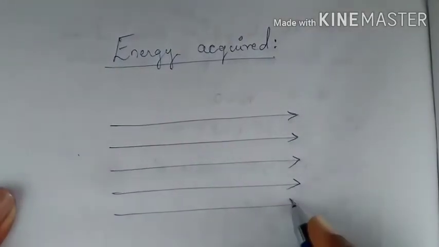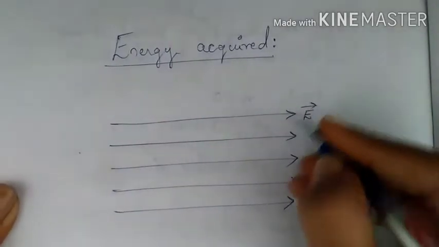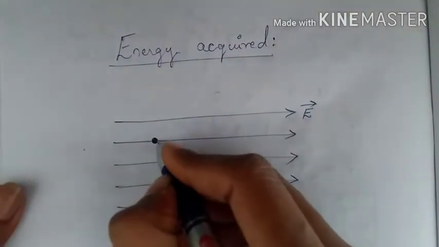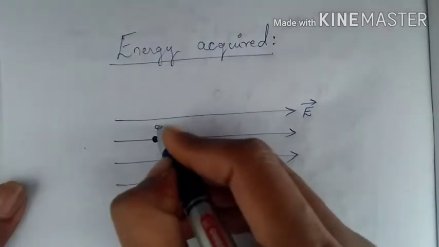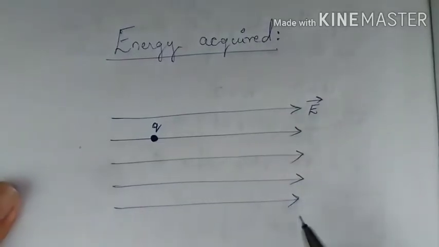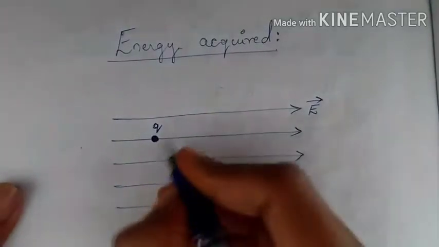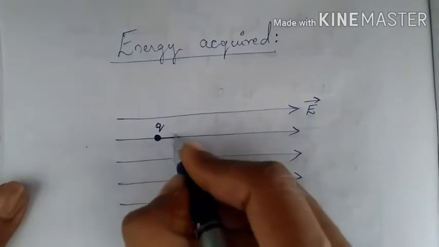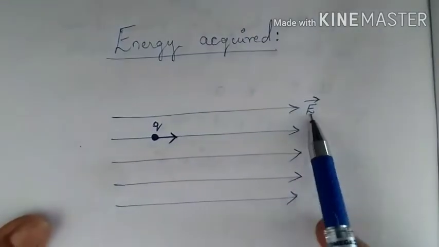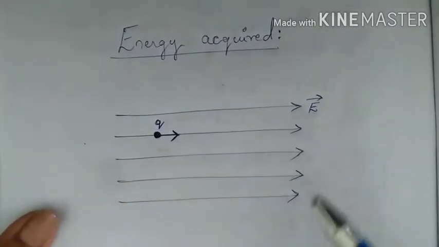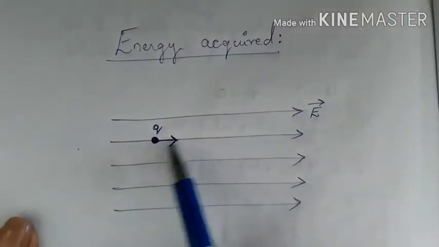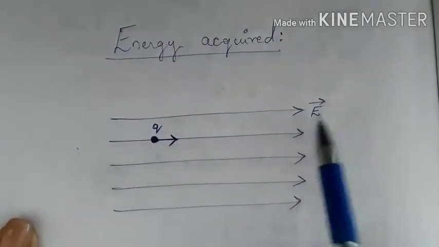So, in this field, what we are doing is we are keeping a charged particle. So, here is the charged particle Q. This Q is kept in a uniform electric field. This particle will get accelerated in this direction, because this field applies force on the charge Q. Because of that, the charge Q moves in the direction of the electric field.